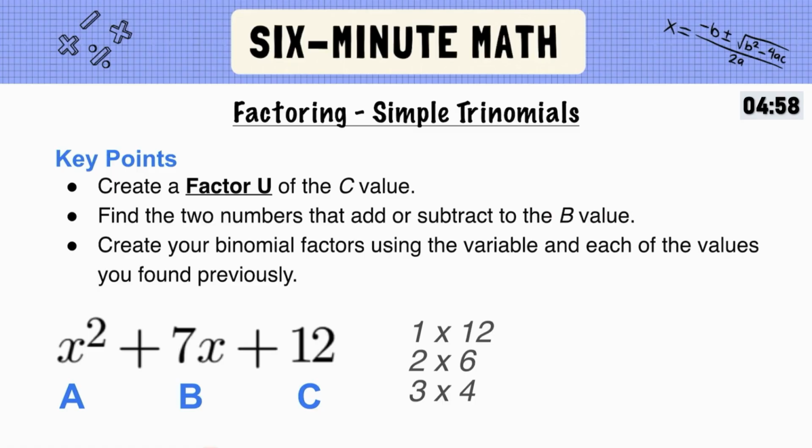Well, I do my quick scan to see which two numbers add to 7. That would be 3 and 4. So I'm going to use those numbers, 3 and 4, separately with my variable of x to create my binomial factors of x plus 3 and x plus 4.